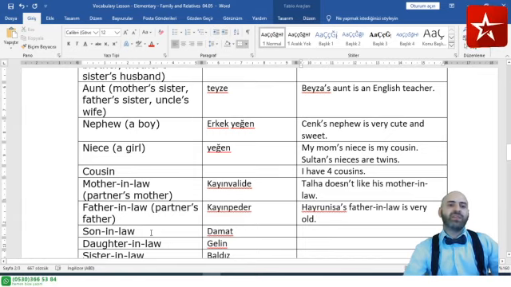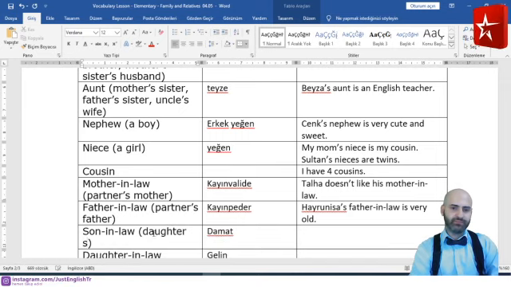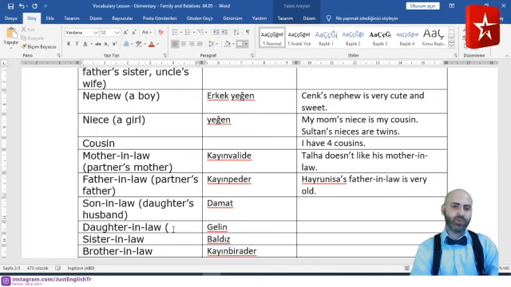Son-in-law. Son-in-law is your daughter's husband. And daughter-in-law is your son's wife.